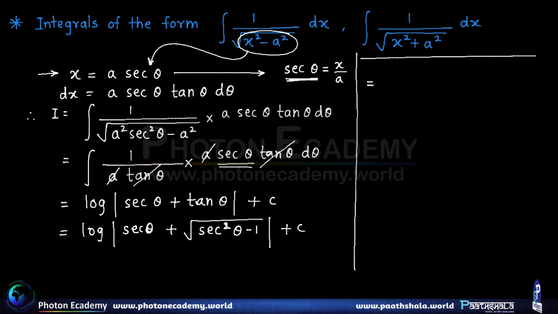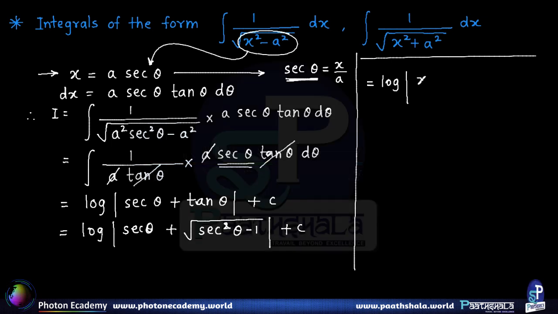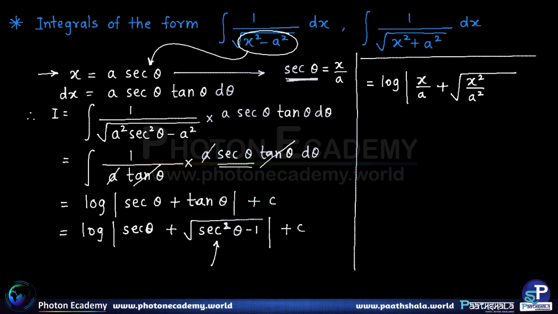So integral becomes log of mod of, now in place of sec theta we can write x upon a plus root of, now sec square theta is nothing but x square upon a square, right, minus 1 plus c.